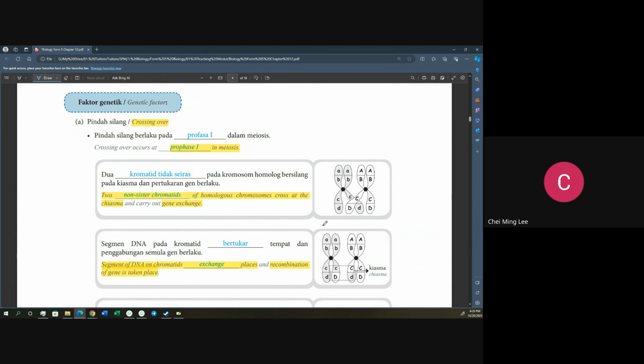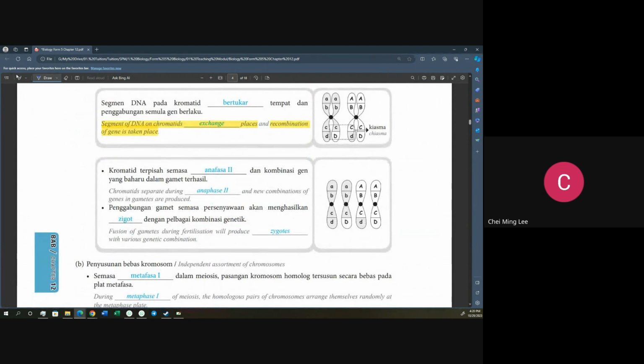When the chromatids are separated during anaphase 2, a new combination of genes is produced. The fusion of gametes during fertilization will produce a zygote with various genetic combinations. Why?